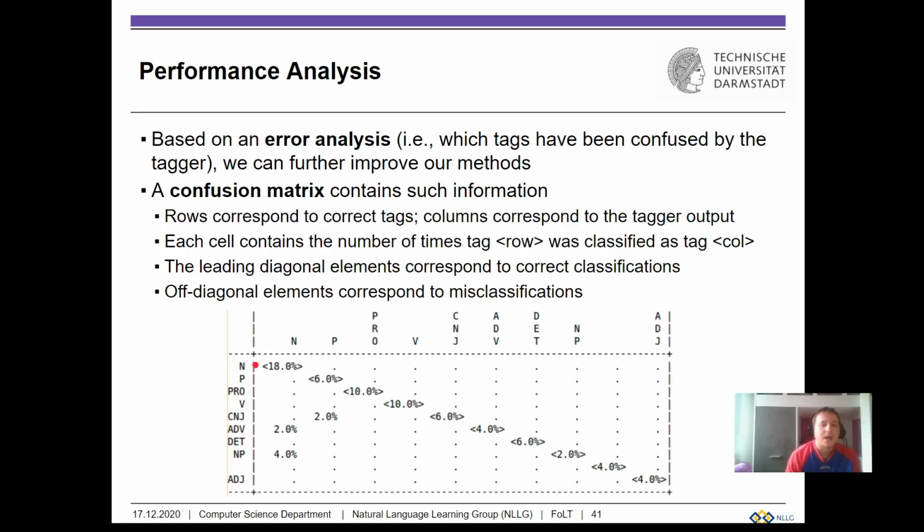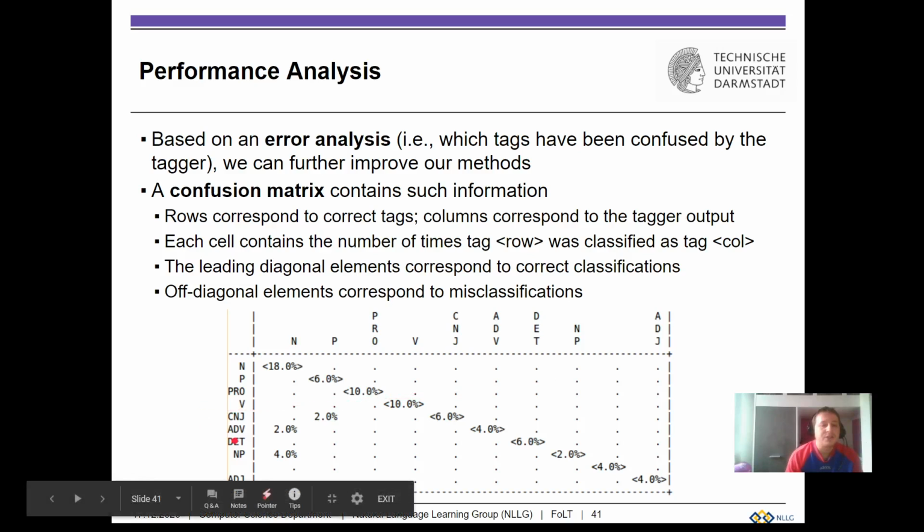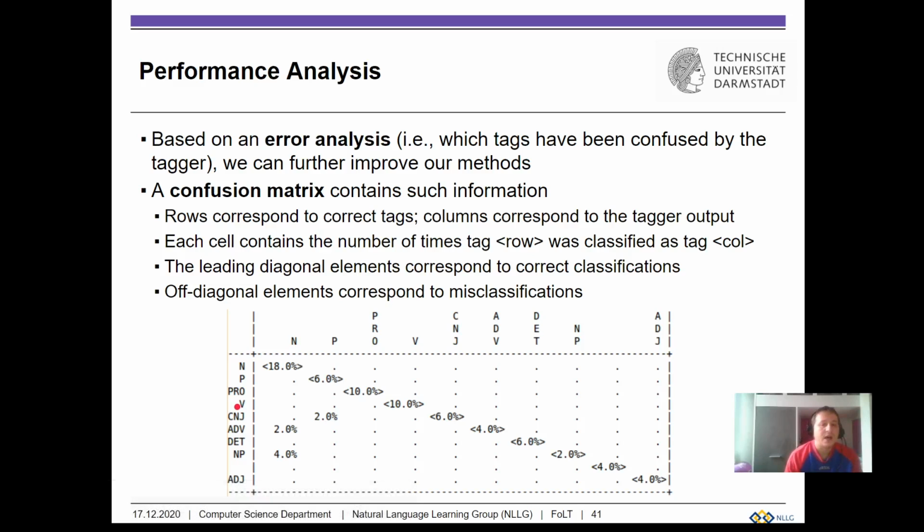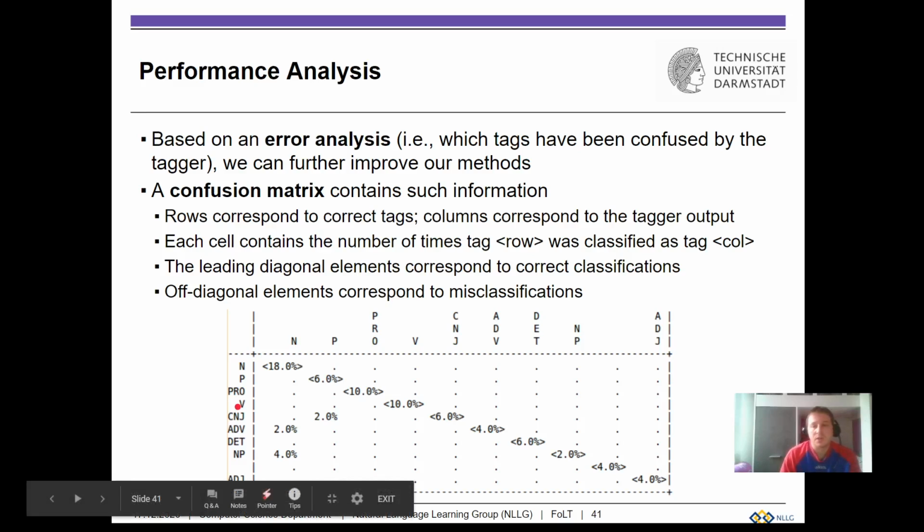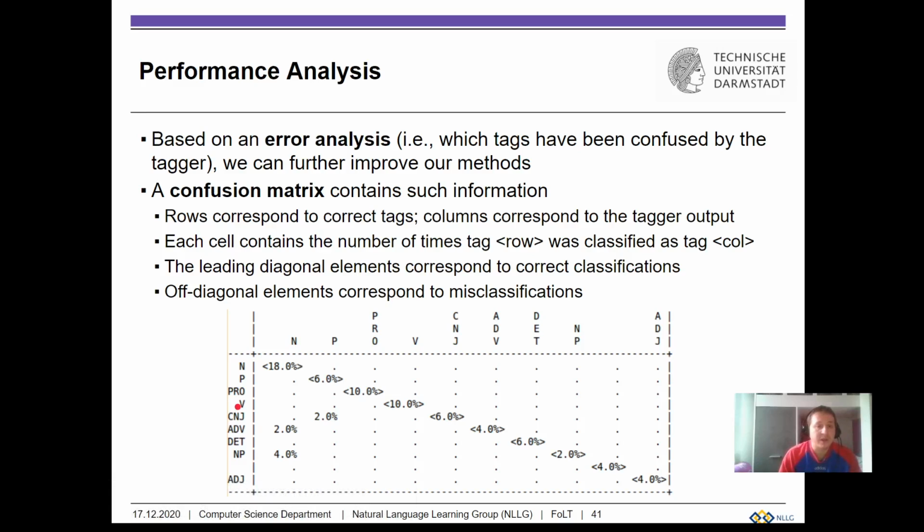Let's say it should have said noun, but it's saying something else here, right? And it should have said adverb, but it's saying adverb in only 4% of the cases, and in 2% of the cases instead it's saying that it's a noun, right? So this tells you what your tagger is confusing the individual part-of-speech tags with.